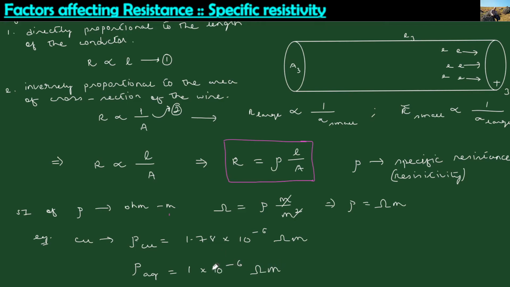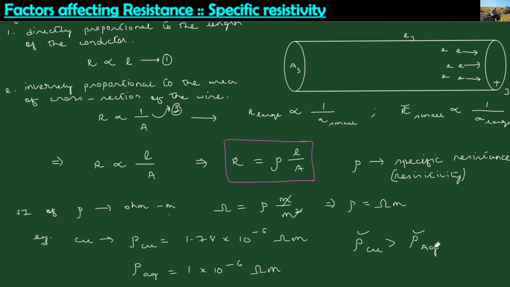Now when you look at these values, it is very clear that the resistivity of copper is more than the resistivity of silver, which clearly indicates from these values 1.78 is more than 1. So from here, copper has a larger resistivity than silver.